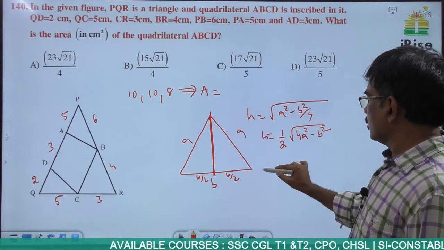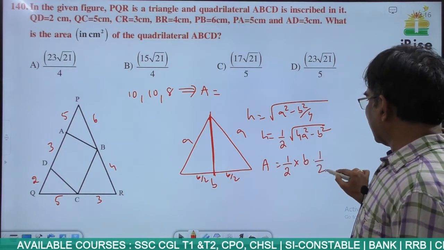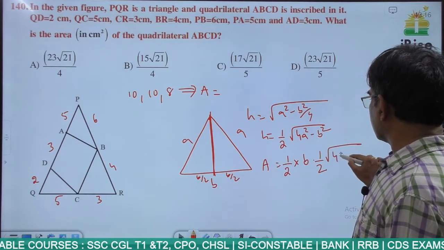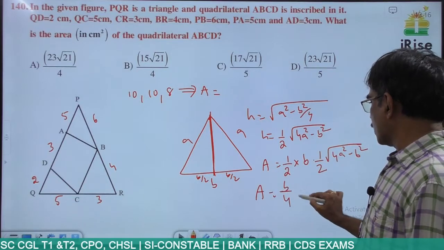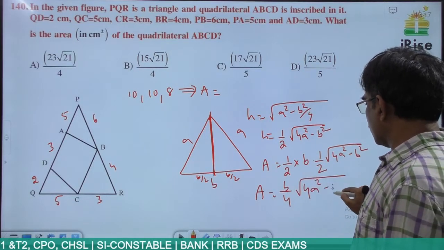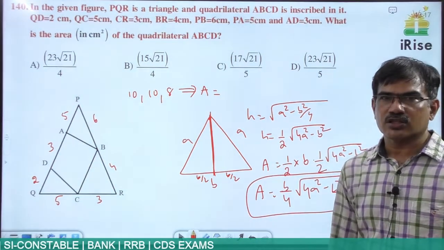So area is half into base into height, and height is again half root of 4A square minus B square. So the formula for this is B by 4 under root of 4A square minus B square. This is already given in the isosceles triangle.